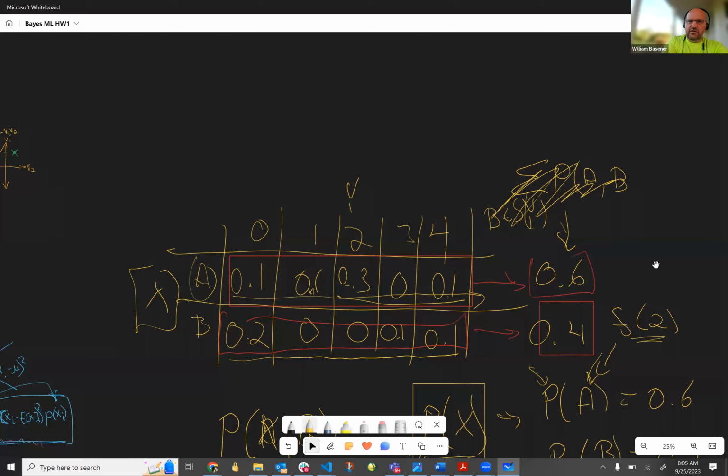I'm going to write it the clean way. It's the probability of getting an a from x alone, and we might write this as the probability that x equals a.